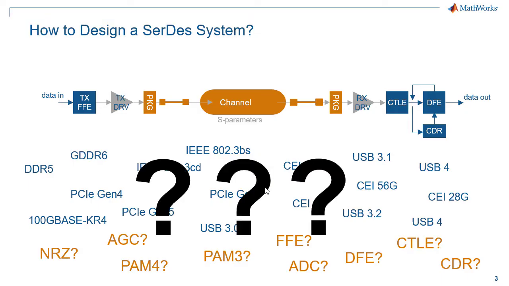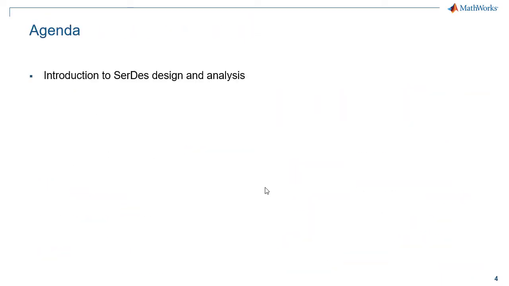You might have many different questions when designing and integrating a SerDes system. This webinar will help you with answering many of the questions that you might have and gain insights in your design. In the next half hour, using code examples and executable models, we will describe how to design and verify the next generation SerDes system. We will see how to get started, how to use measurement data to improve the fidelity of your SerDes model.